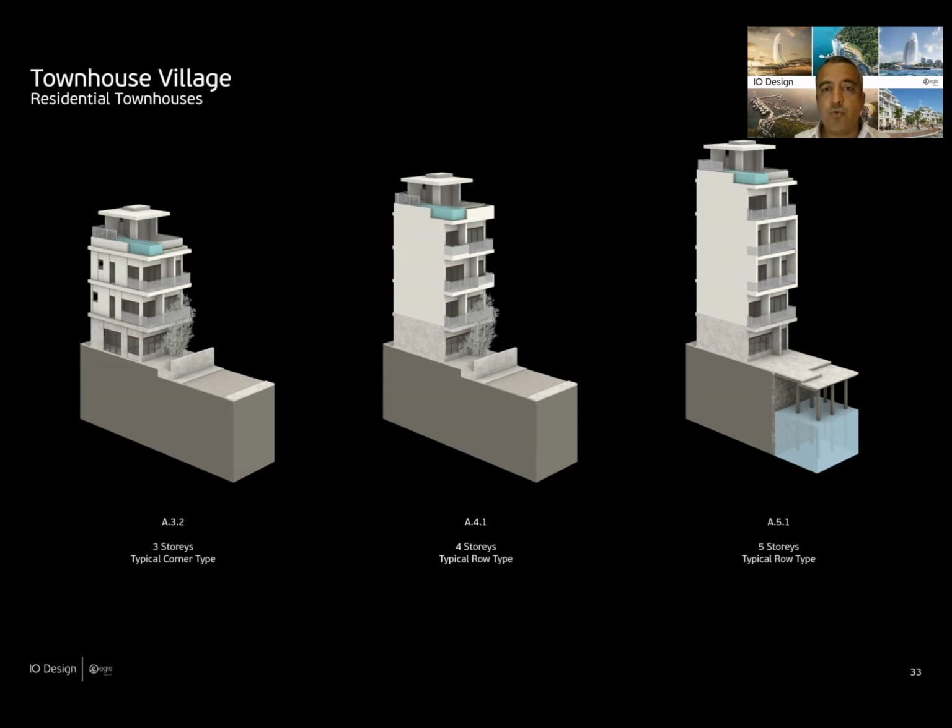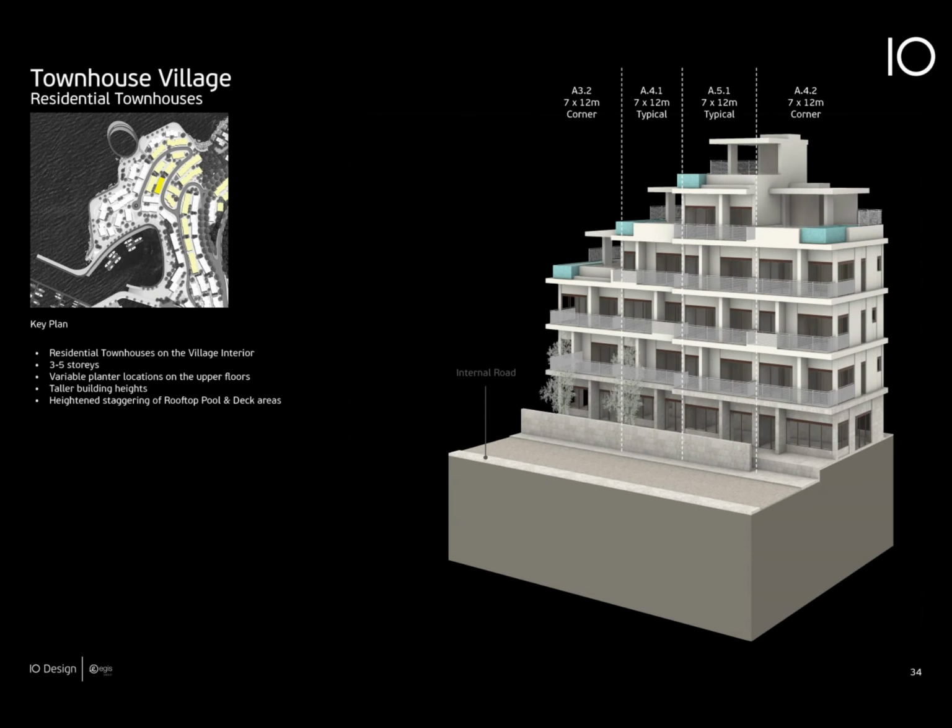Again, trying to minimize the amount of different modules, but at the same time trying to keep that variety that would bring the achieved vision of the character of that townhouse village.